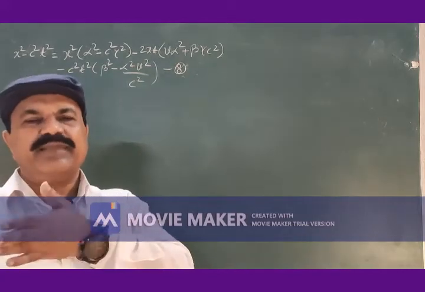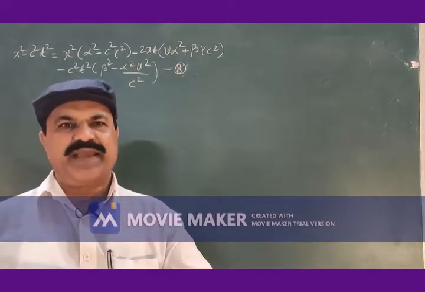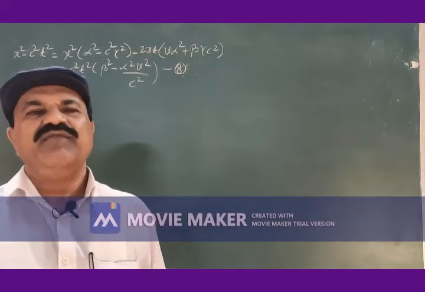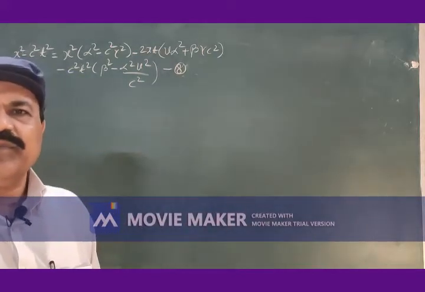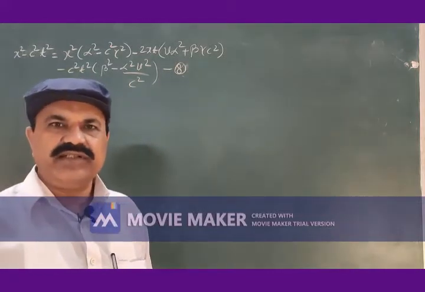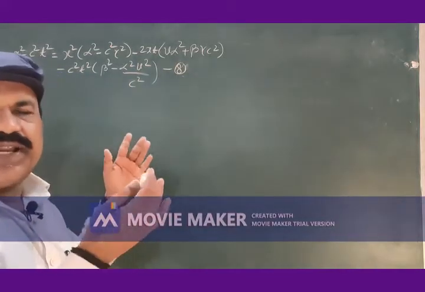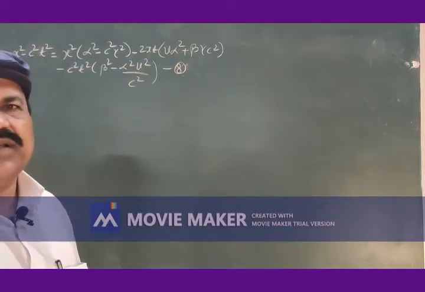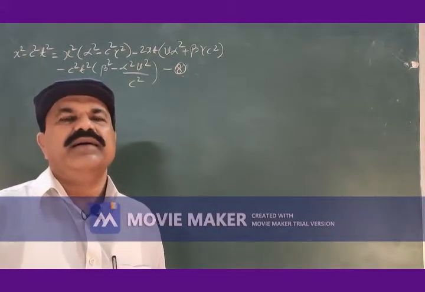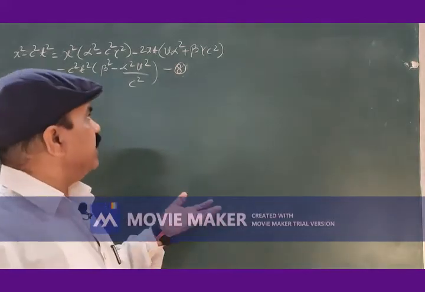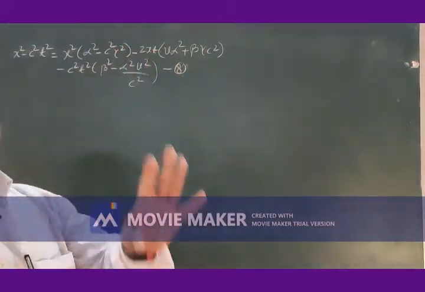At the same time, frame of reference S prime started moving with constant velocity v in the positive x direction, and then taking the geometry of the figure into consideration and writing the equations, we arrived up to equation 8.